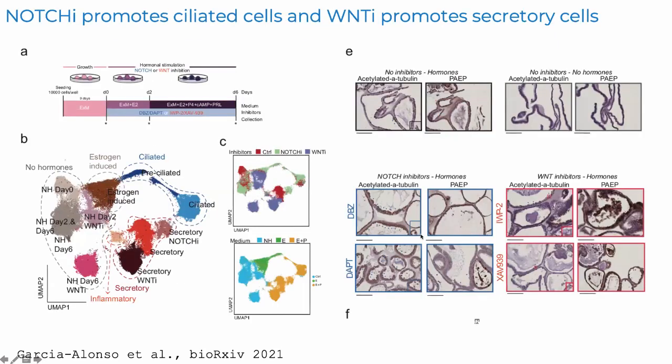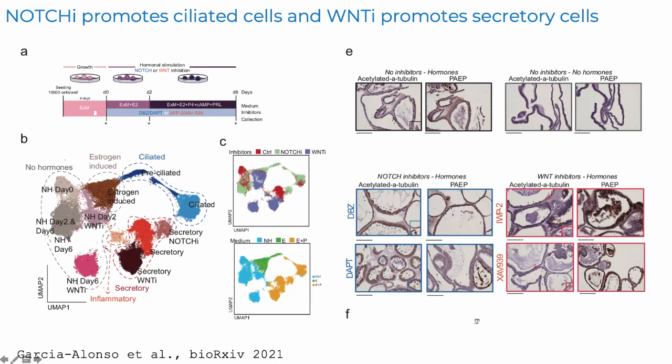So therefore, we have a nice system where we can validate the effect of Notch and Wnt, and that's what we did. So here, in addition to putting the hormones, we combined them with 2 inhibitors for Notch and 2 inhibitors for Wnt, and we performed single-cell transcriptomics data on different conditions, and in addition, we do some immunostaining.